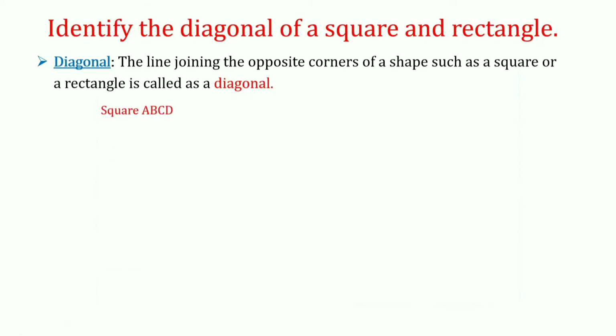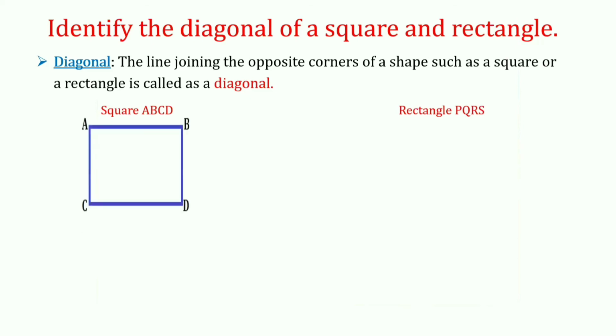For example, square ABCD and rectangle PQRS. Let's see the square ABCD and here is the rectangle PQRS. In this, the opposite corners.